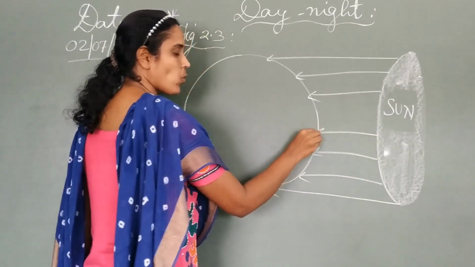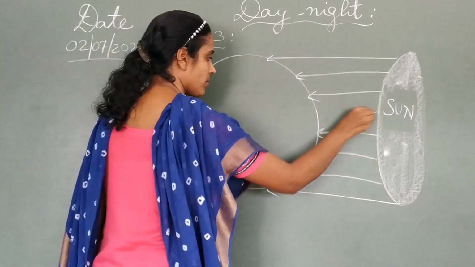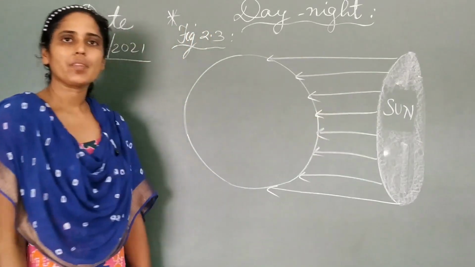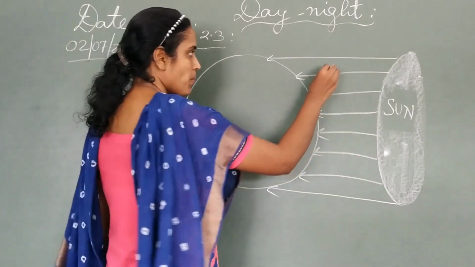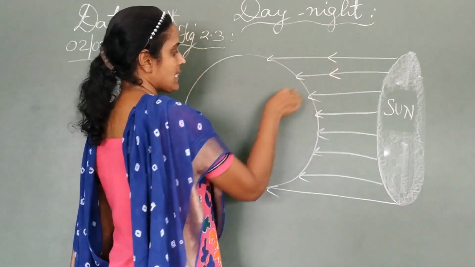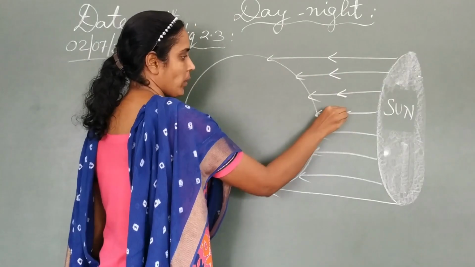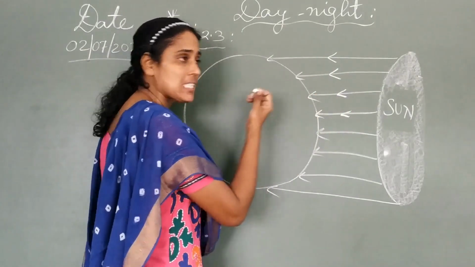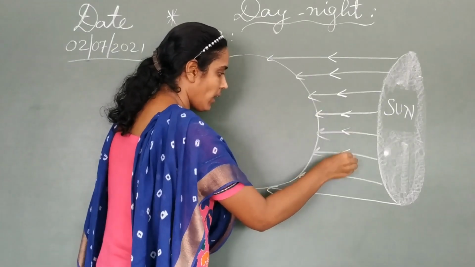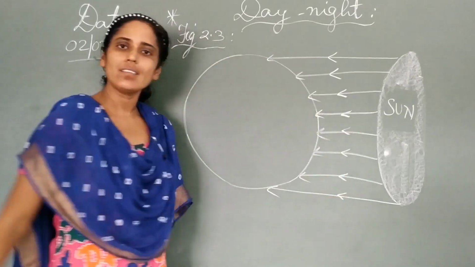What are we drawing, students? We are drawing the rays of the sun. Draw the rays of the sun and point arrows towards the earth, to show that the sun's rays are falling towards the earth.